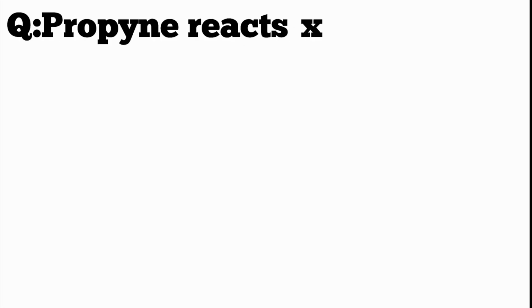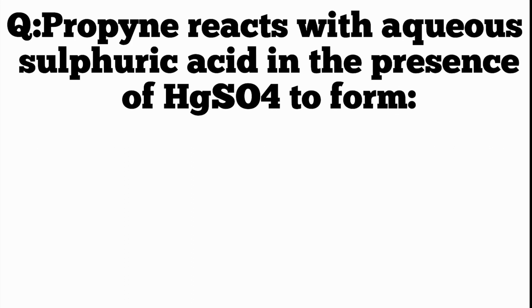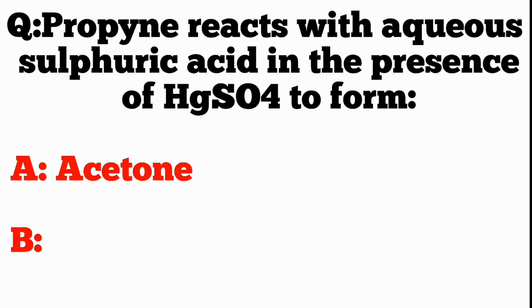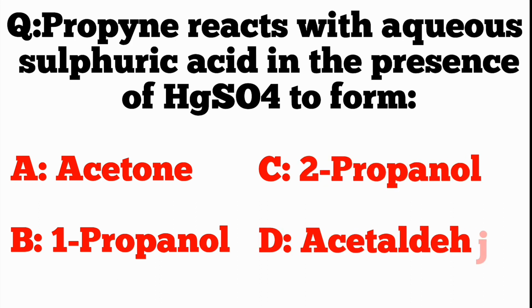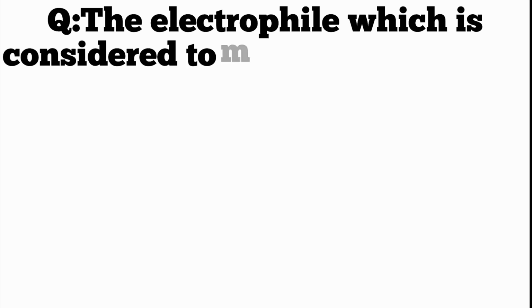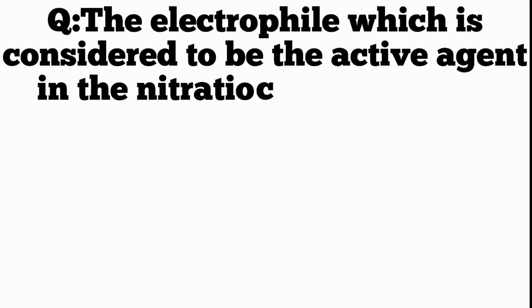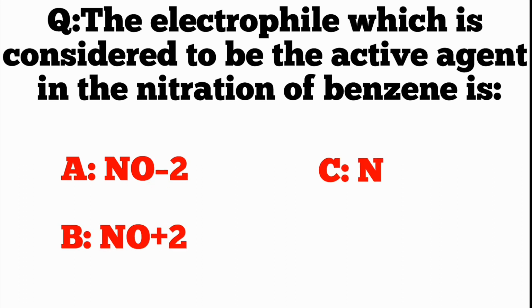Q. Propyne reacts with aqueous sulfuric acid in the presence of HgSO4 to form A. Acetone. B. 1-propanol. C. 2-propanol. D. Acetaldehyde. Ans. Acetone. Q. The electrophile which is considered to be the active agent in the nitration of benzene is A. NO2. B. NO2-. C. NO+.